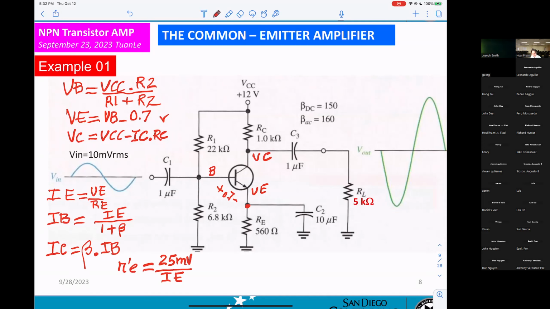I can give you an example. When they tell you they want to measure voltage VB, you can see VB, V with a lowercase letter. That means AC voltage.